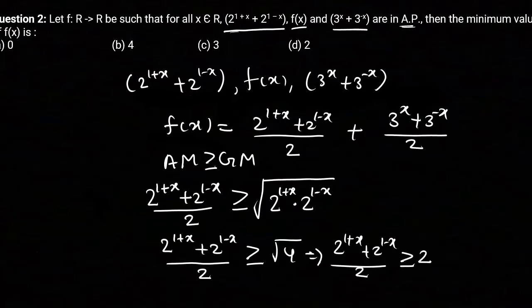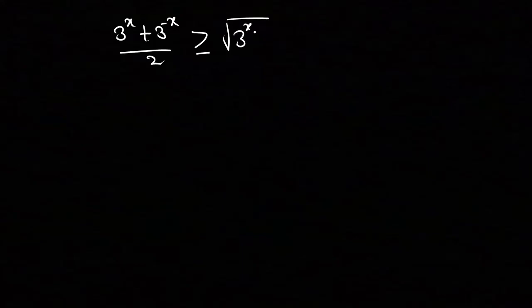We will use the same process for this term. We have used for this term, now we will use for this term. So 3 raised to the power x plus 3 raised to the power minus x upon 2 is always greater than or equal to 3 raised to the power x into 3 raised to the power minus x.